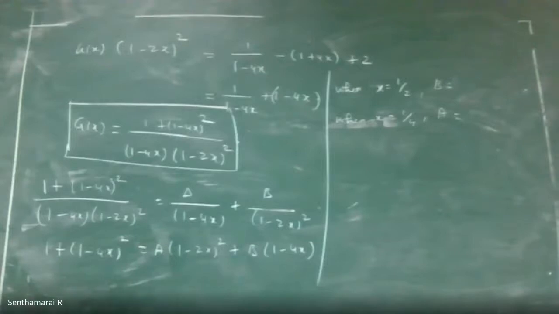What is A? A and B values, can you tell me?